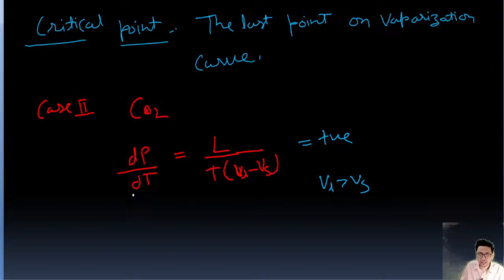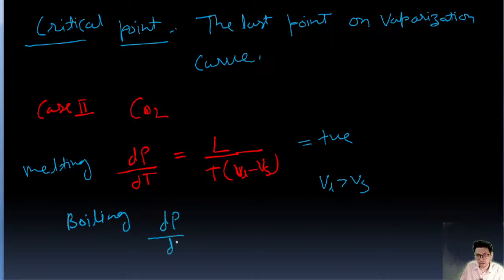Similarly, for boiling, dP upon dT is equal to L upon T into (Vg minus VL), and obviously Vg is greater than VL, so this is also positive.